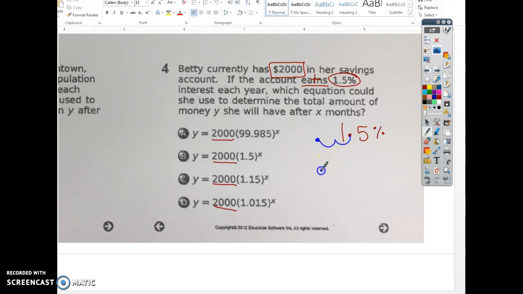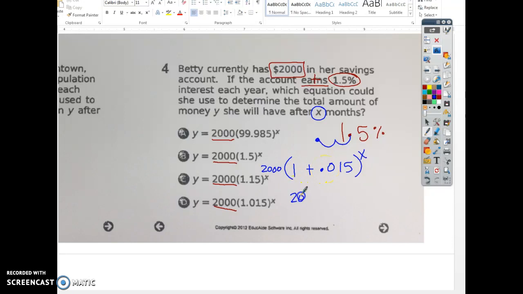So really it's going to be 0.015, and that needs to be added to the 1 inside the equation, right? And then it's to the power of x because it's x months.